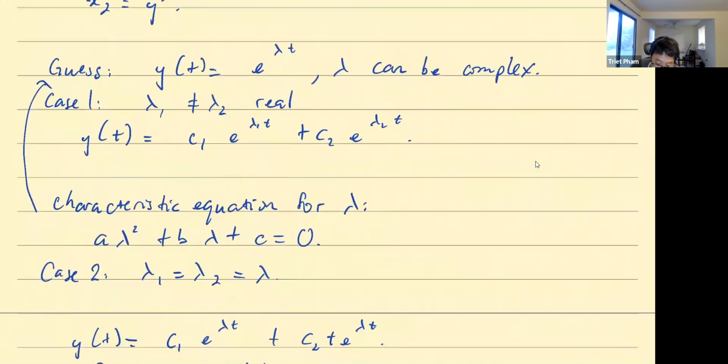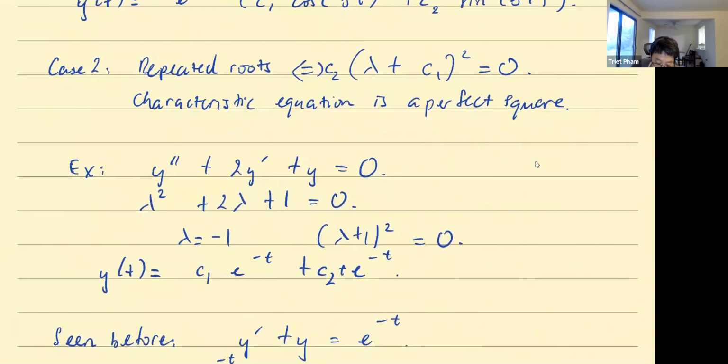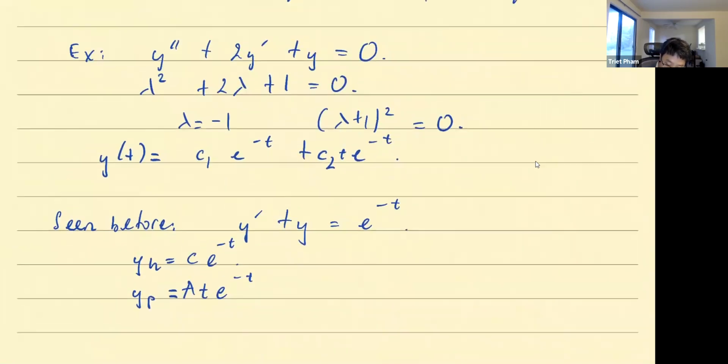So either way, all evidence points to us looking for another solution after we get e to the minus t as one solution. But if you turn to the other root, which is also -1, you cannot make the same guess again, because that will lead back to the same solution. So your device for getting something significantly different is multiplying by t.